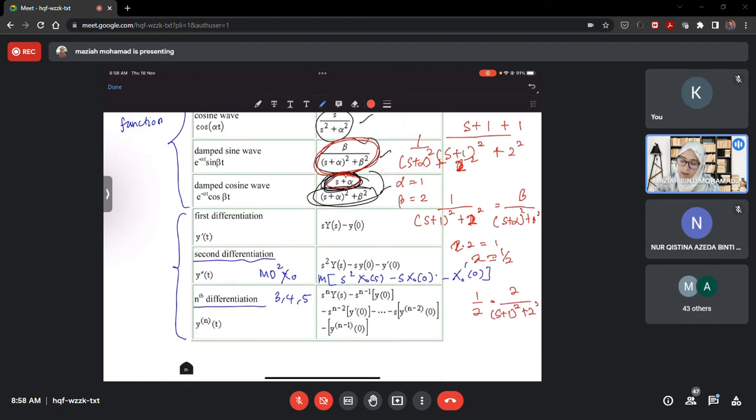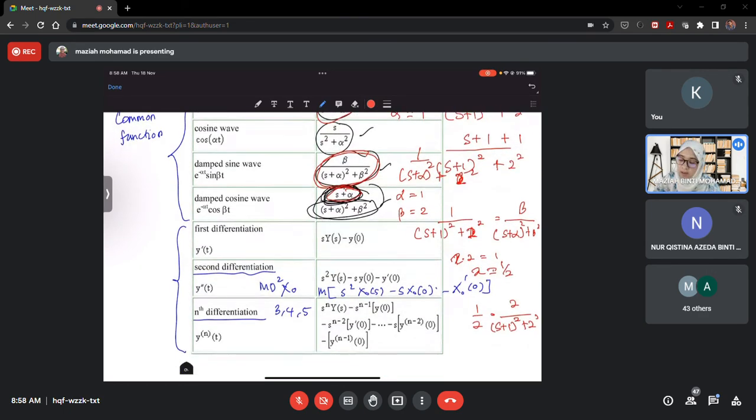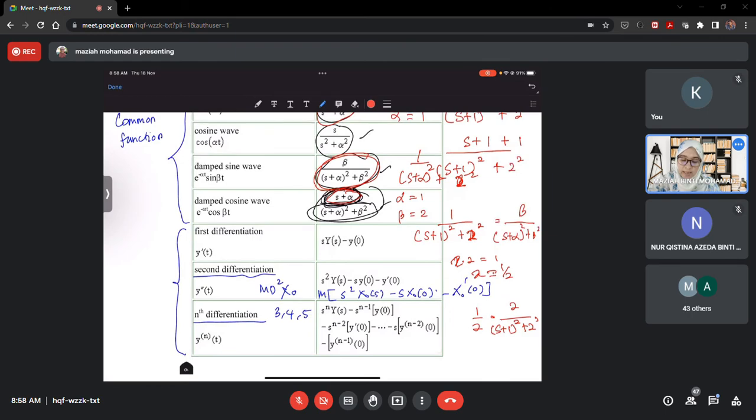Therefore our function in t is exponent negative t, because alpha is 1. Alpha is 1 and beta is 2, so it is sine 2t, but it is 1/2.